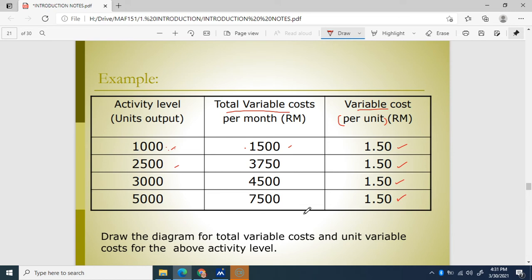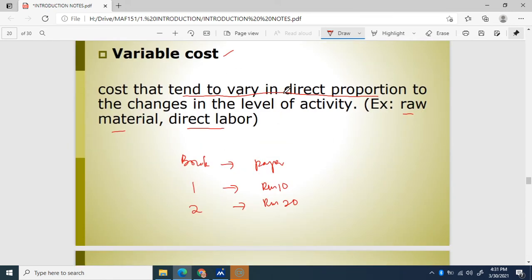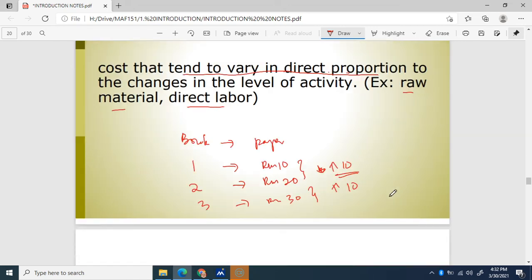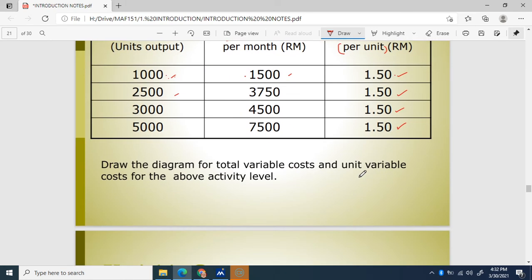That's why we say it varies in direct proportion. It keeps increasing at the same rate. One unit is 1 ringgit and 50 cents. So that's why we call it varying in direct proportion.